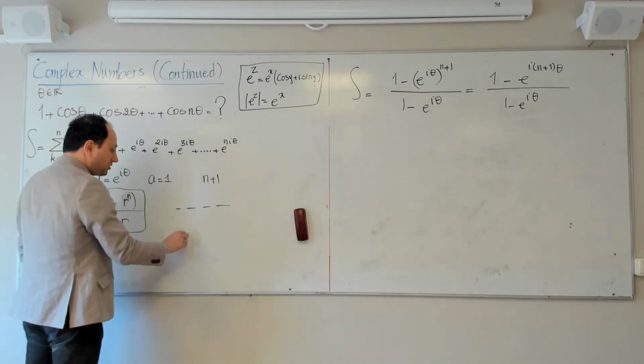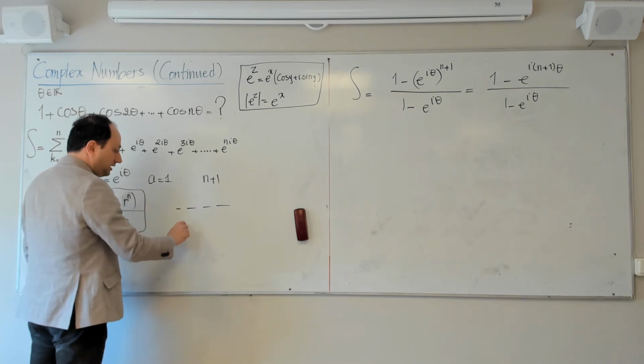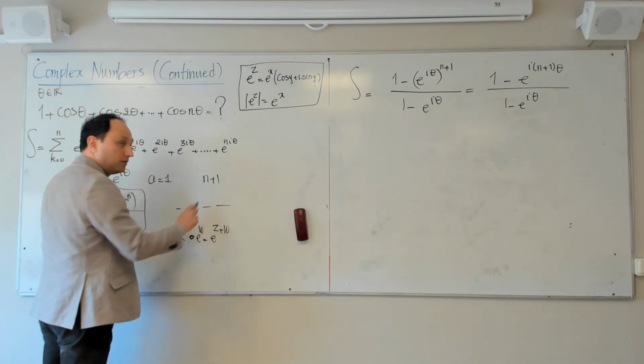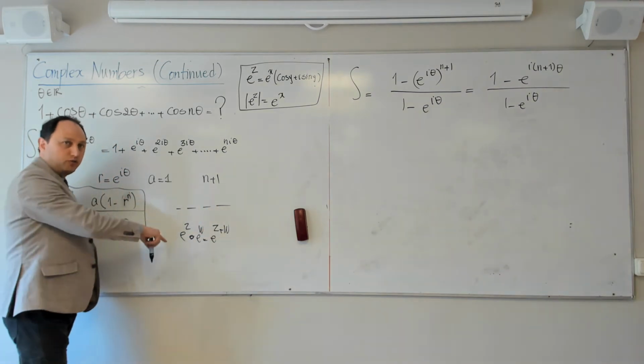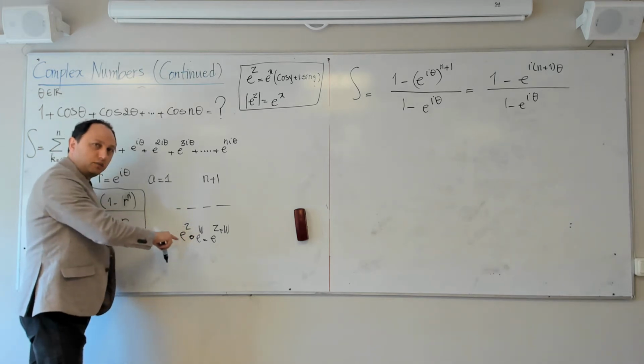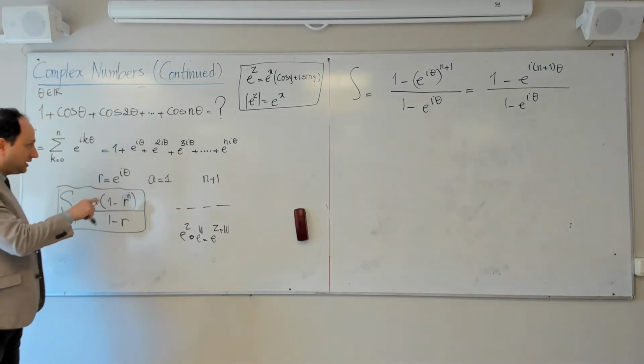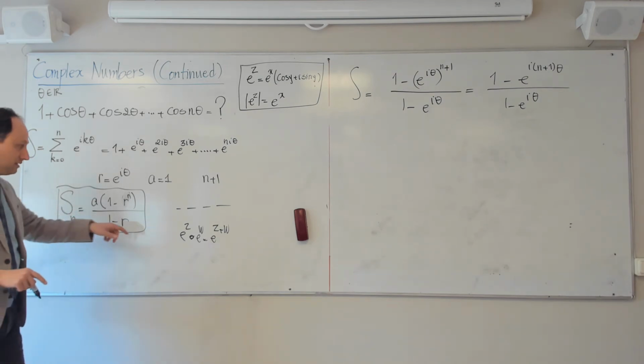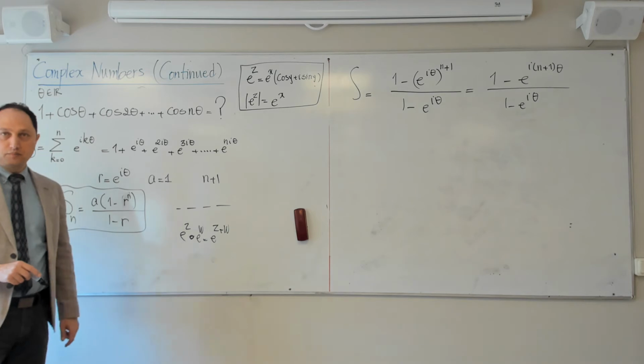Yes, because we proved in the previous session that if I have e to power z, e to power w, it becomes e to power z plus w. Because this formula is also valid for complex numbers, what you say is right. It actually works. Is that understandable? So go and see the proof of this. The procedure that gives rise to this formula is also valid for complex numbers.